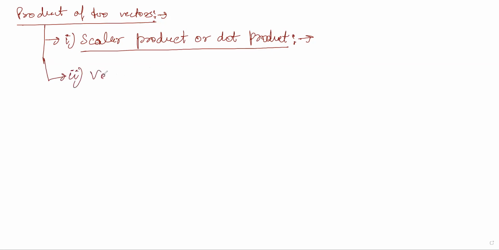Second one is vector product or cross product.